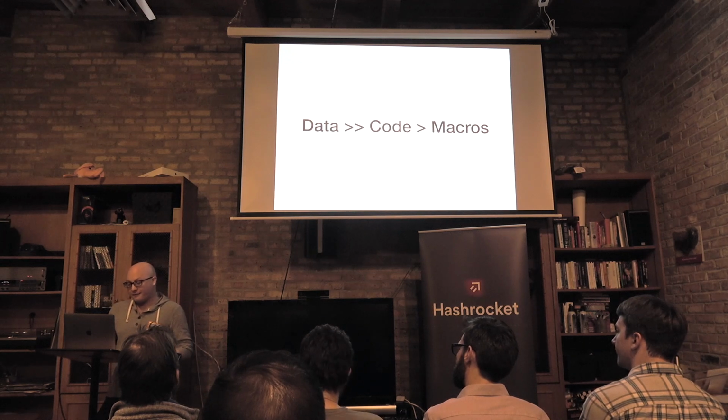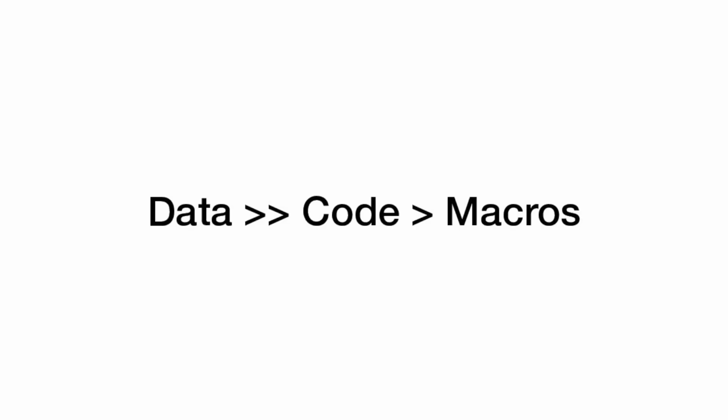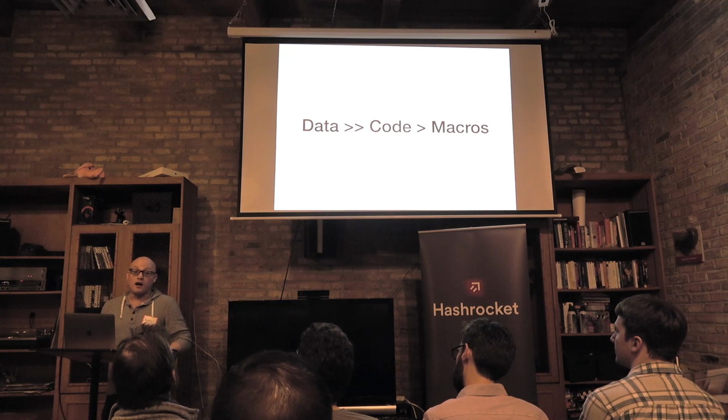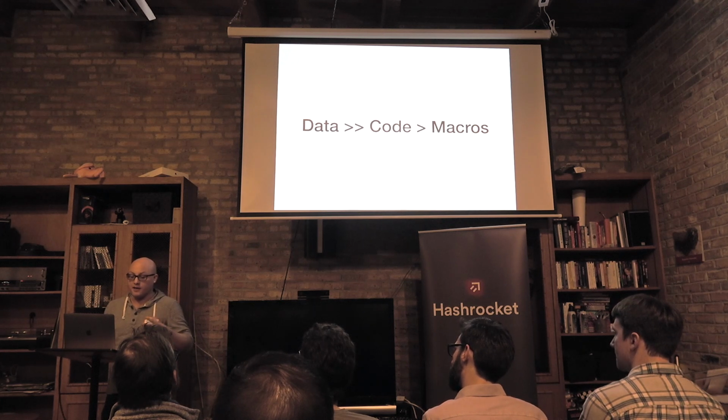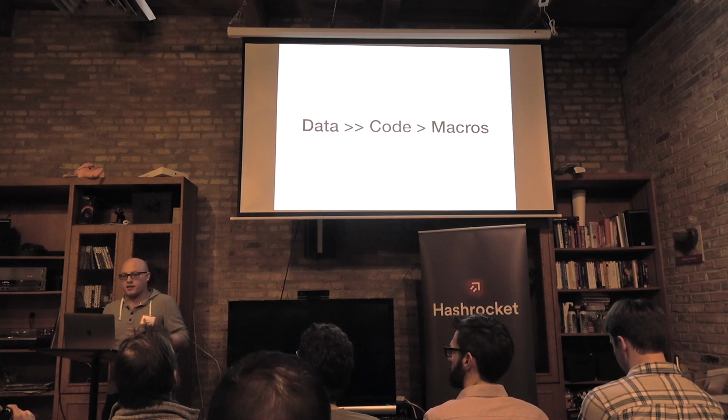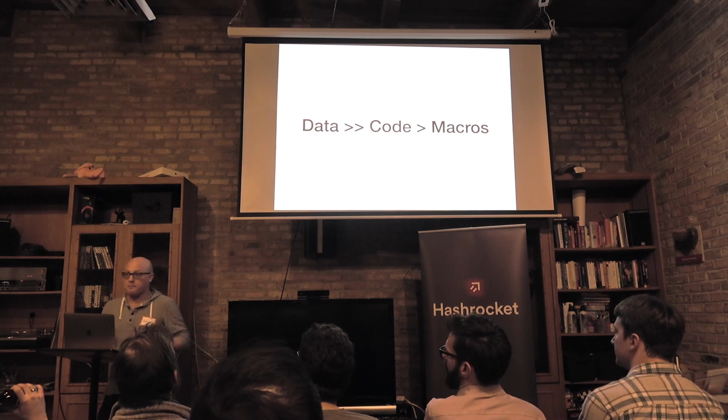And to illustrate that point, I would actually put a double greater than there. I think that data structures are really the key to everything. If you can put your logic into data, you can often ask it questions about itself and do some really cool things with it that you couldn't do if you were encoding that logic in either a function or a macro.